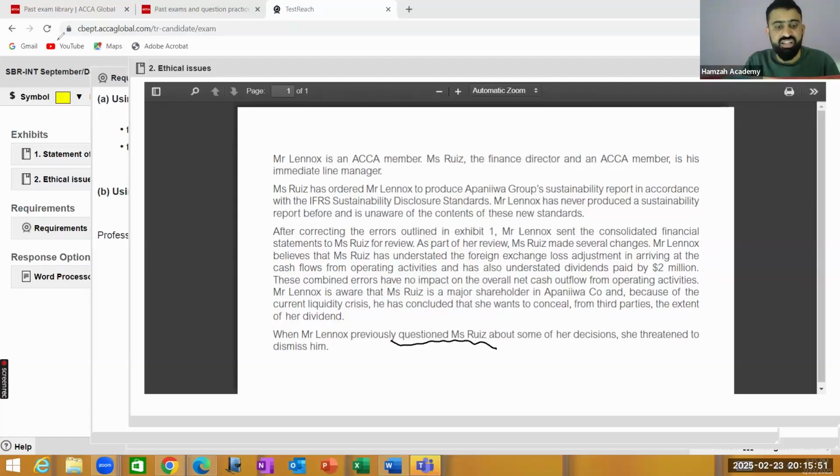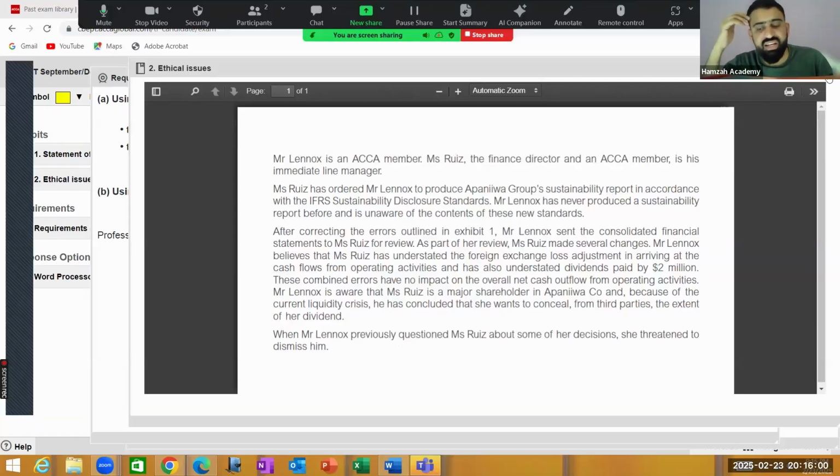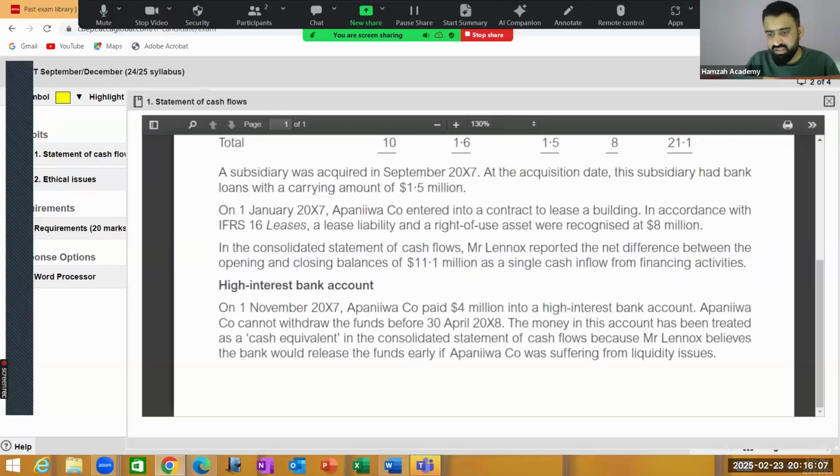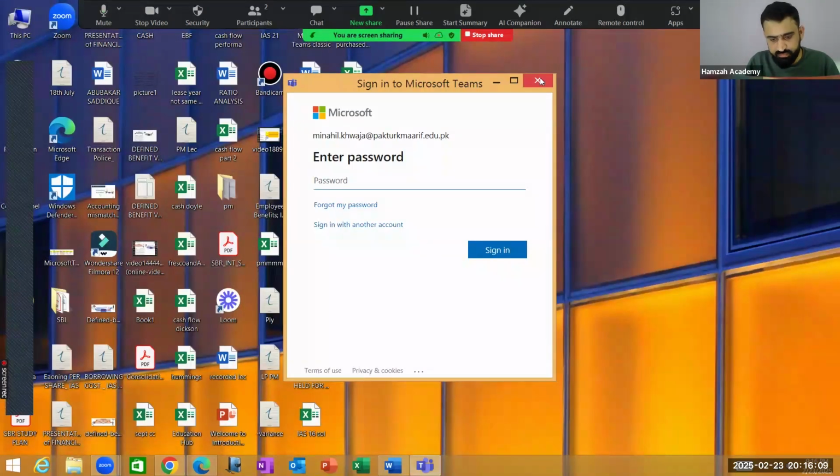And let me tell you, on ACCA Study Hub, you have chapter number 1 on the ethical aspect. You can go through that chapter and you will get a very good understanding of that issue. Now, let me share with you.